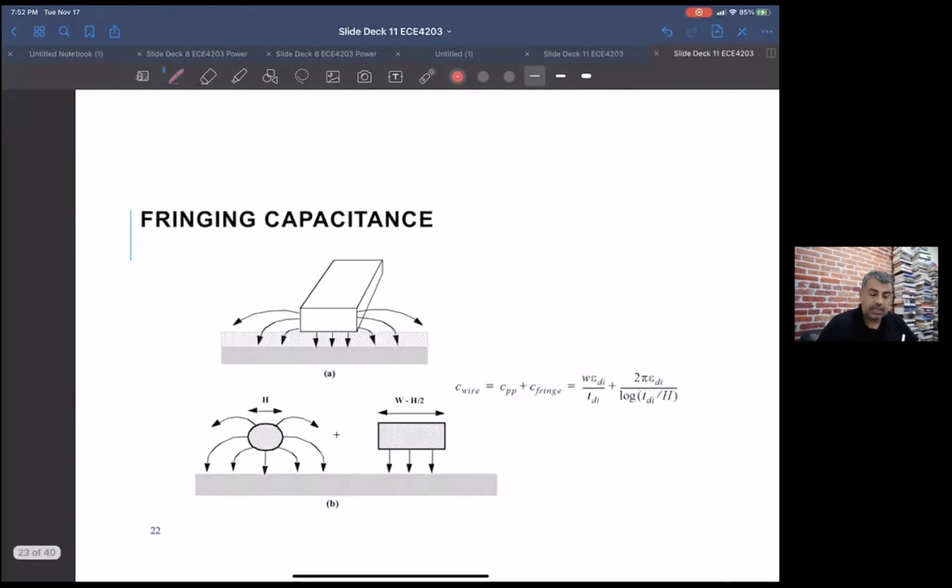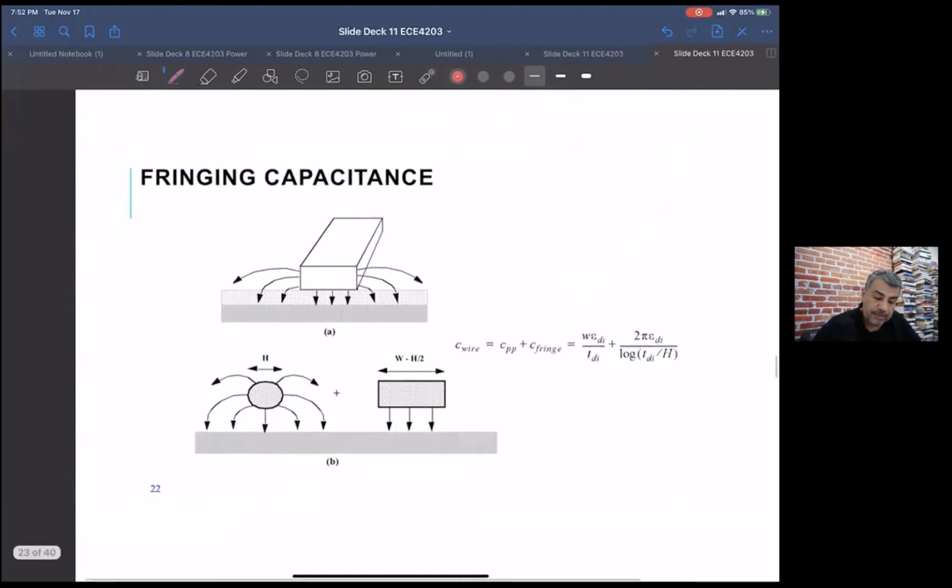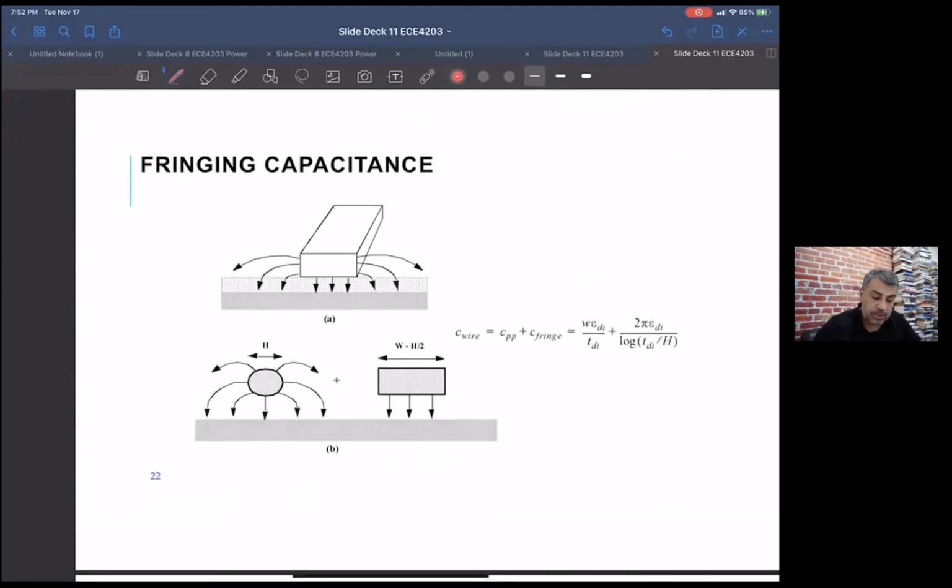So first, looking at the fringe capacitance. When you have this piece of metal, which in reality has both a parallel plate component and a fringe component, what people do to simplify the analysis is a linear superposition, assuming that you have a completely parallel plate with no fringing, and then just a cylindrical thing, I guess the cross-section is circular, that has all fringing.